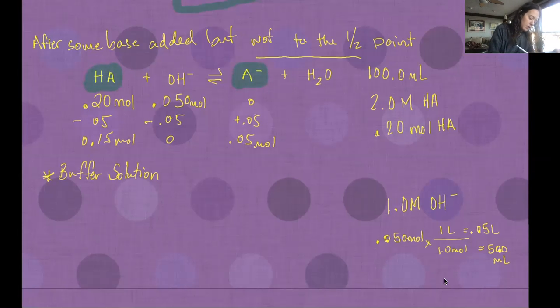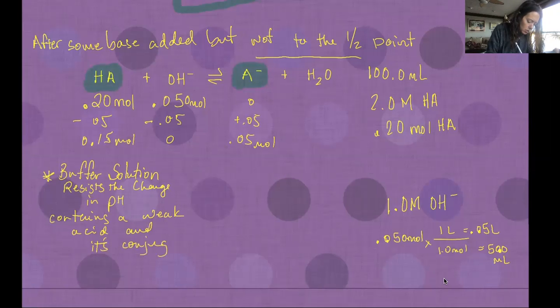For the most part, a buffer solution resists the change in pH. And I know I have a buffer solution because it contains a weak acid and its conjugate base.